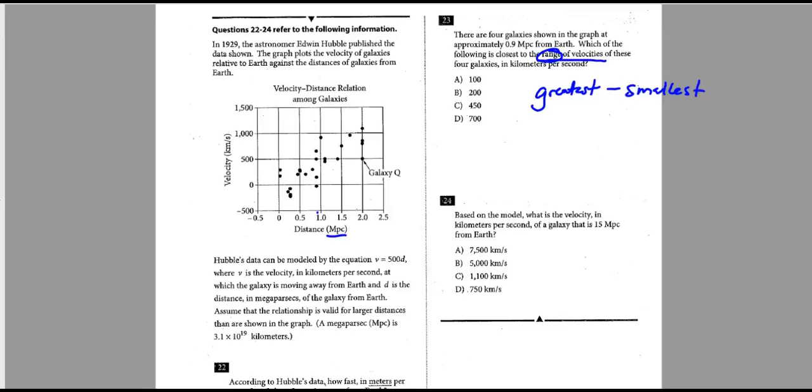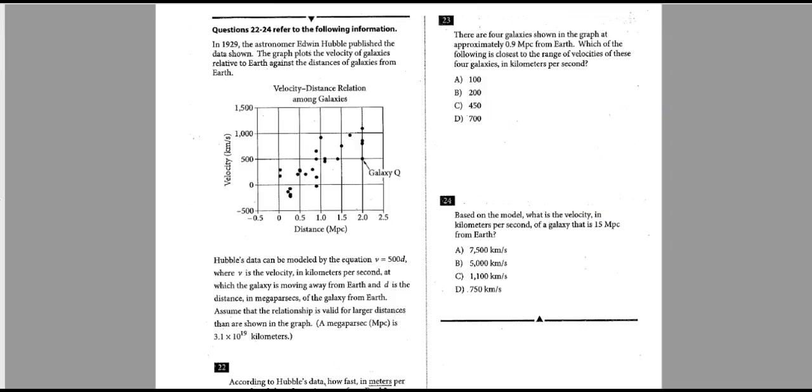So 0.9 is right about here. So looking up, it looks like our range, there's the dot with the greatest, there's the dot with the lowest. So going across, that's somewhere around 650, 700, a little bit below 0. So it looks like D is the only one that makes sense, somewhere about 700 minus 0.